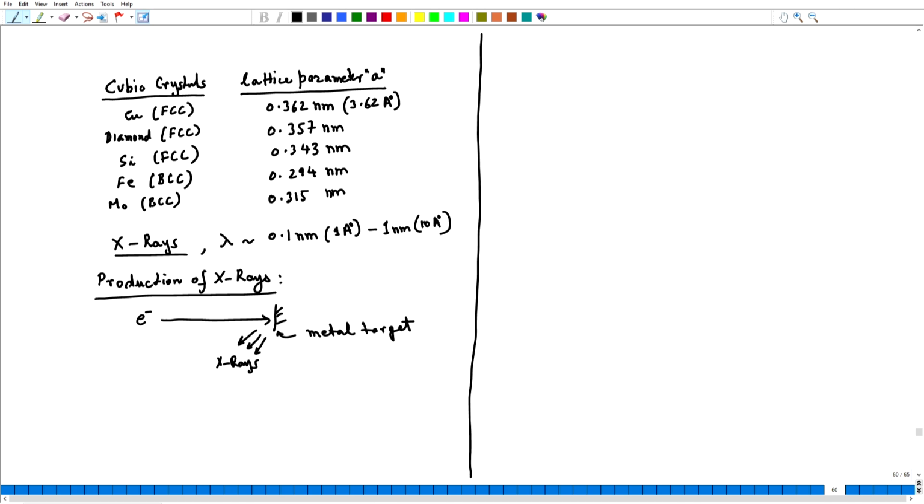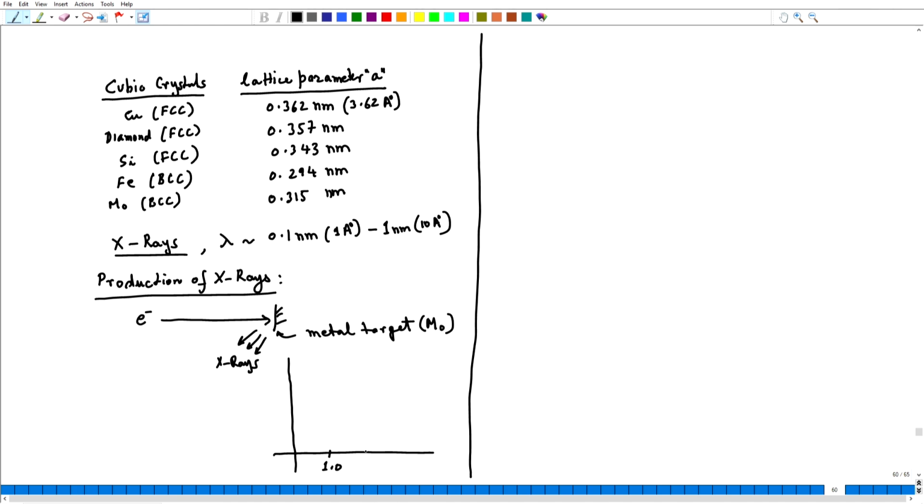So, for instance, if this metal target was, let us say, molybdenum, and then if I look at what kind of a spectrum I will get when I target electrons onto the molybdenum target, well, we might get something like this.